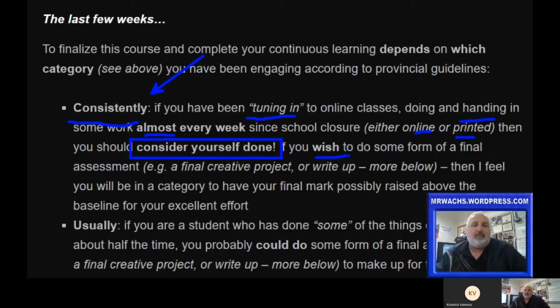So I'm going to go over that in a little more detail later. What would be the benefit of doing this final assessment if you have been consistently tuning in or doing your work? Well, I feel like I could possibly raise that final mark a little bit more because you've demonstrated learning beyond what you needed to.